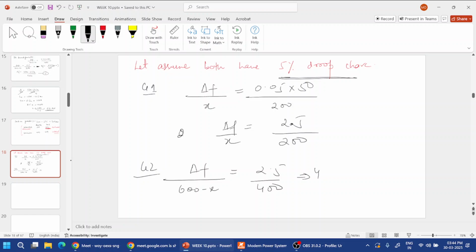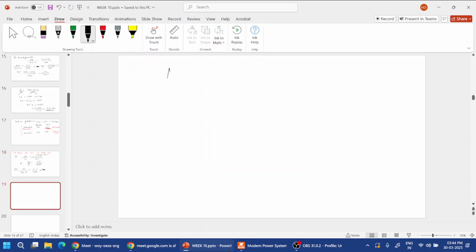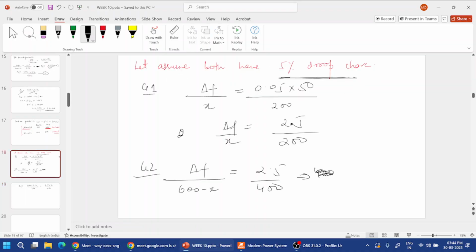So if we cross multiply it, 400 del f is equal to how much? It will come out to be 1500 minus 2.5x upon 400. So it will be equal to how much? 2.5 into x upon 200 in the second case, this one.